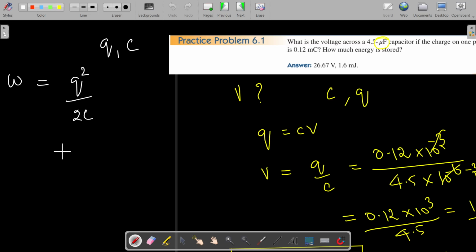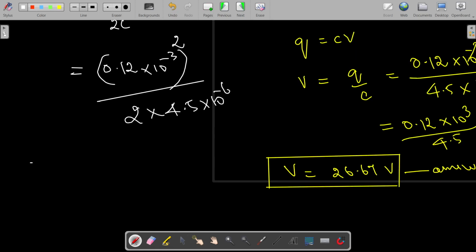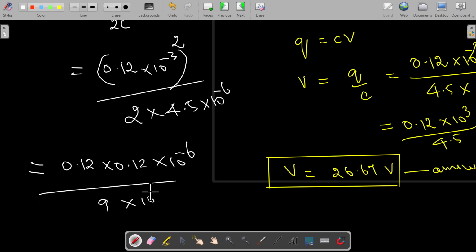The Q value is given as 0.12 millicoulomb, so it is 0.12 into 10 power minus 3, the whole squared, divided by 2 into the capacitance value 4.5 into 10 power minus 6. This is equal to 0.12 squared into 10 power minus 6 divided by 9 into 10 power minus 6.